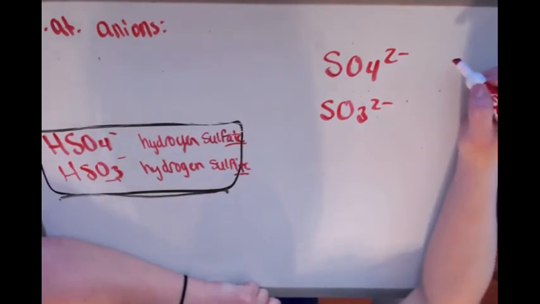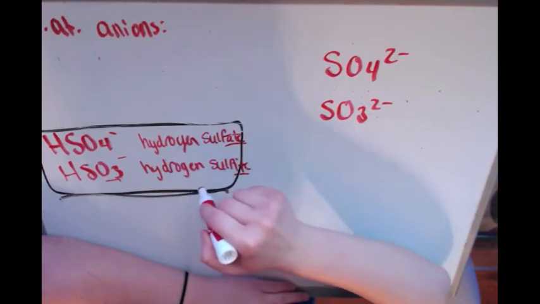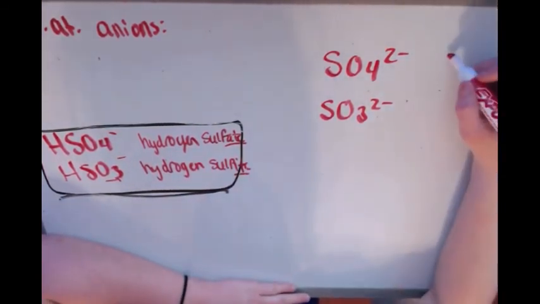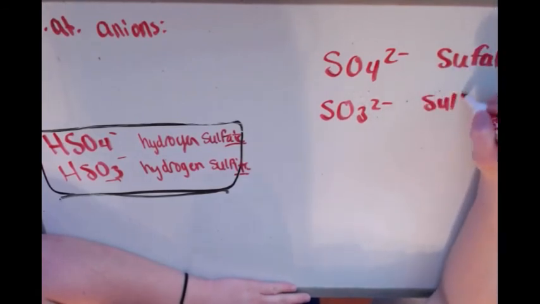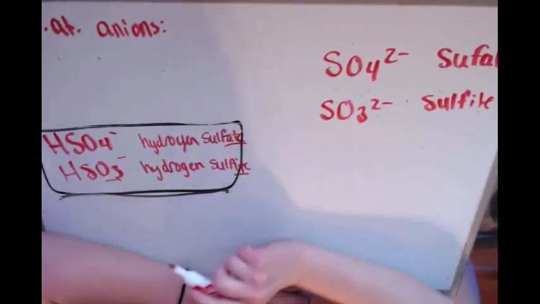So if we call this hydrogen sulfate and this hydrogen sulfite, what do you think we call this? It's simple. You just call this sulfate and sulfite. The hydrogen is not there, so you just take that out of the name.